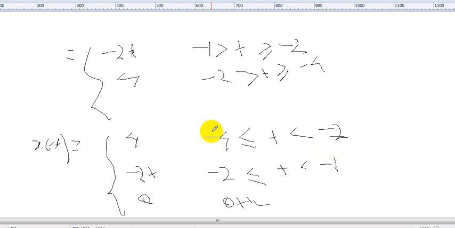The original x of t was 2t from 1 to 2, and then 4 from 2 to 4.